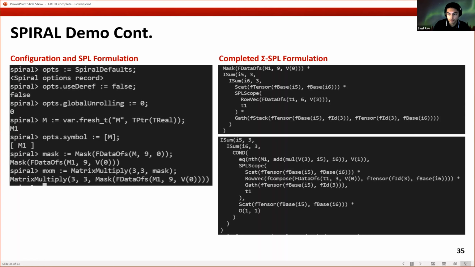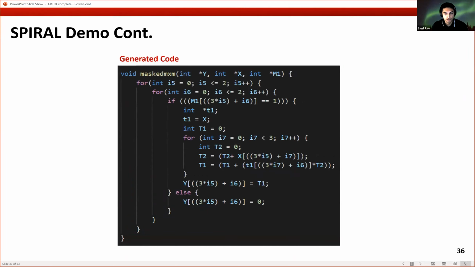So we first move that mask inside, and then we transform that mask to a sigma SPL conditional object, the con there, which checks if the element is valid in the mask, do the innermost loop, or otherwise, return 0. And we can see that by the scatter with the 0 matrix at the bottom. And this will result in the generated code that we see here, where now we have that if condition that exists to query whether the element we computed in the mask is valid or not.